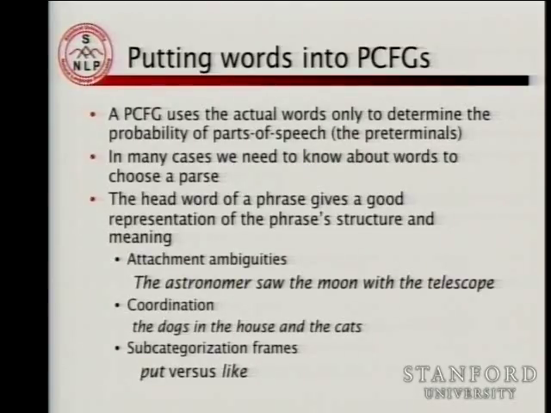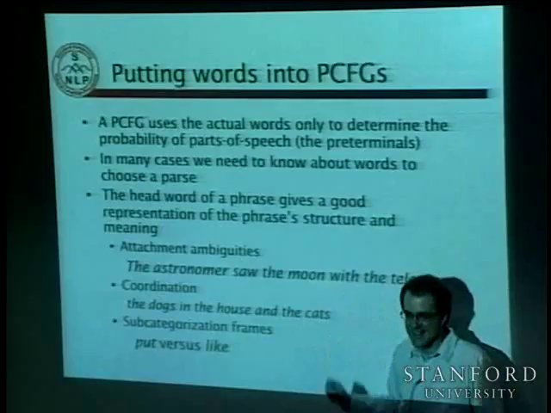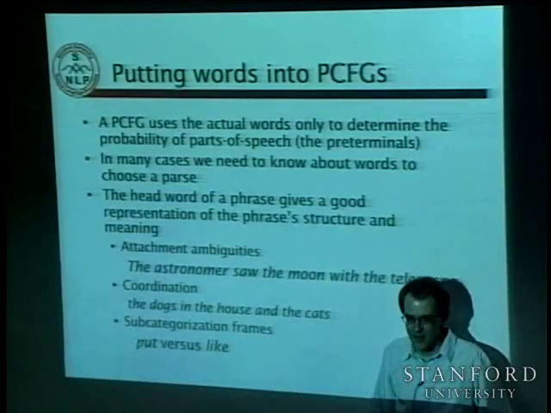So it happens in coordination. Another prominent kind of ambiguity in English is the scope of coordination. Here we have the dogs in the house and the cats. This could be a narrow scope coordination where you have the noun phrase, the house and the cats, or it can be a wide scope coordination where you have the dogs in the house and the cats, which is obviously the likely one here.